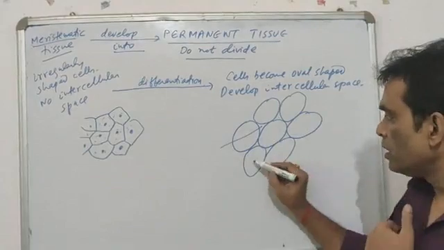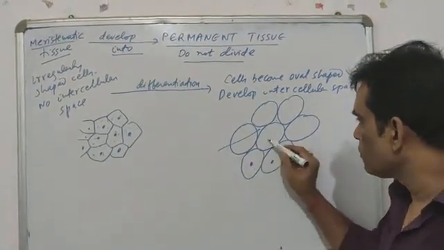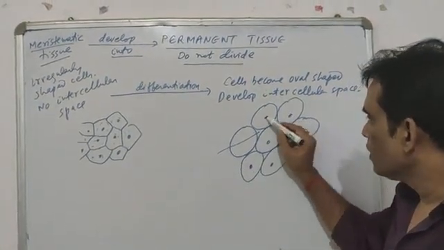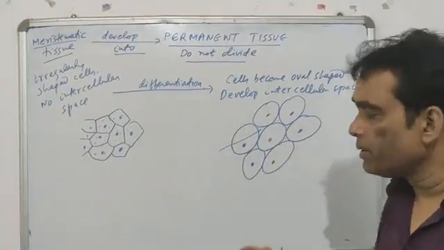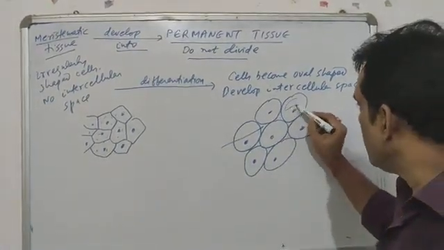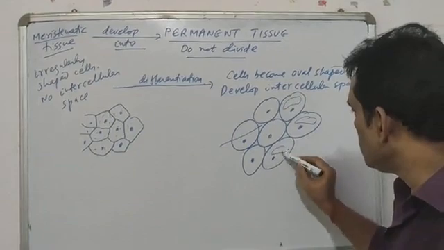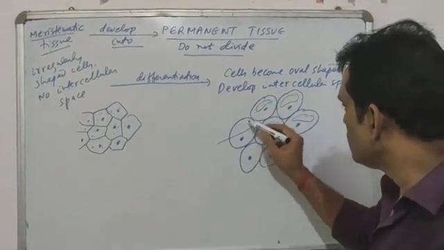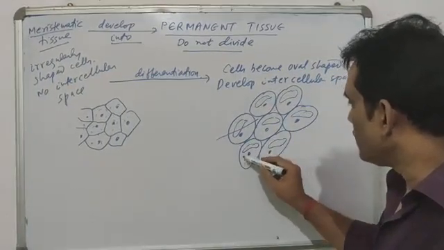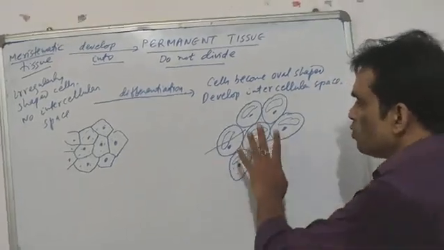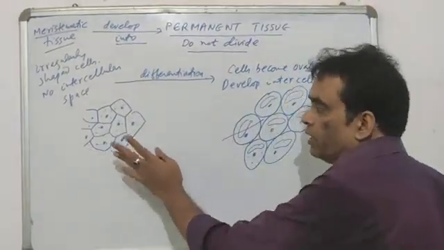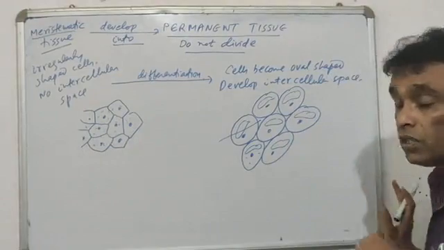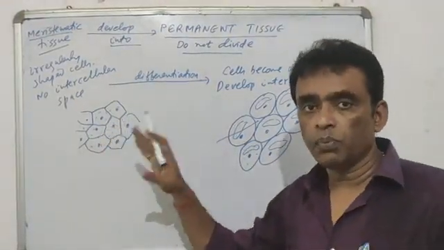The moment you see, of course there is nucleus, and as studied in the first chapter, the cells might have a large vacuole, each cell, and then the cytoplasm. So this group of cells become very different from that, and that is the transformation that occurs from meristematic tissue to permanent tissue.